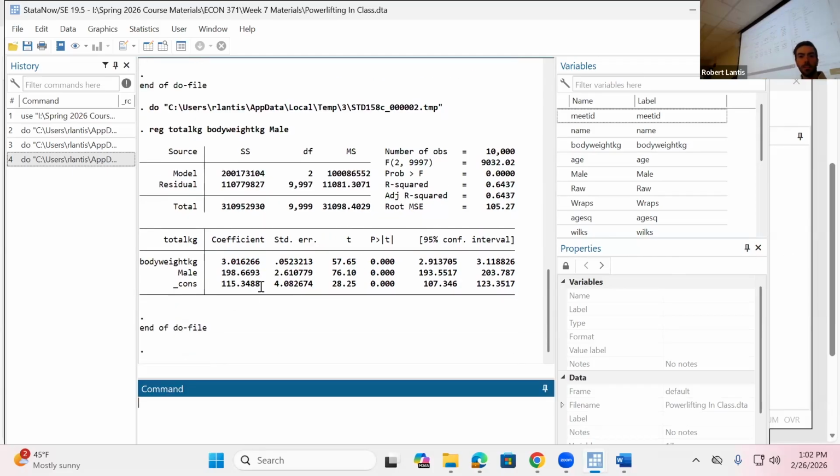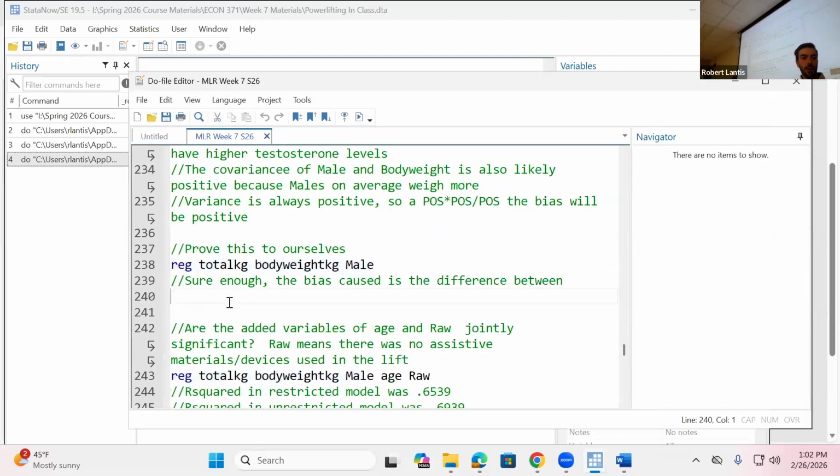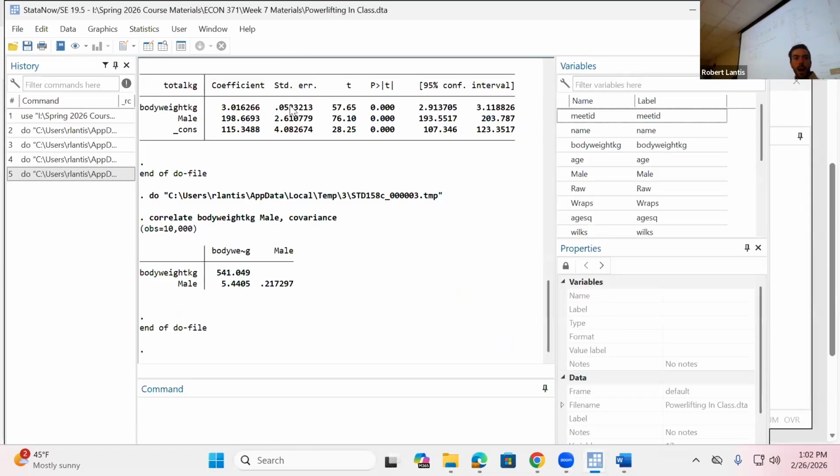All right. Now, instead, I didn't give you this original naive regression, and I gave you output that looked like this. And I also gave you this command and the following output. Right? How would I determine the size of my bias? I don't have that naive regression to compare to anymore.